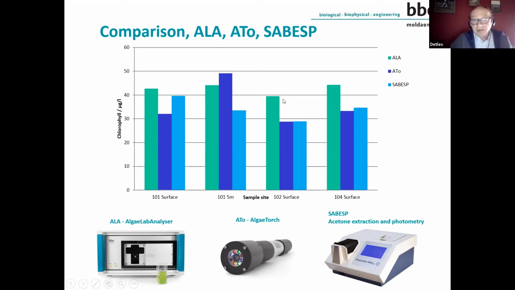We find the results fit to one another. You have to imagine that the conditions are really quite different. We took this directly from the field, while the other samples were transferred to the laboratory. It took a little bit of time, and the methods are also very different because extraction may not be complete. But therefore I can say that we fairly find a good result, that these results fit together.